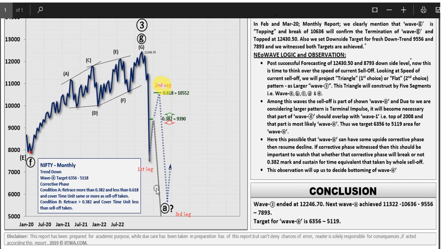That will decide whether this fall will stop at 5119 or not. But we are looking at a larger pattern, and that larger pattern is terminal, so it is essential that this part of wave 4 should overlap with the top of 2008.